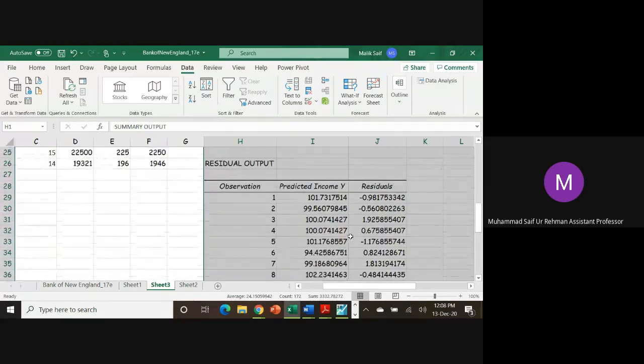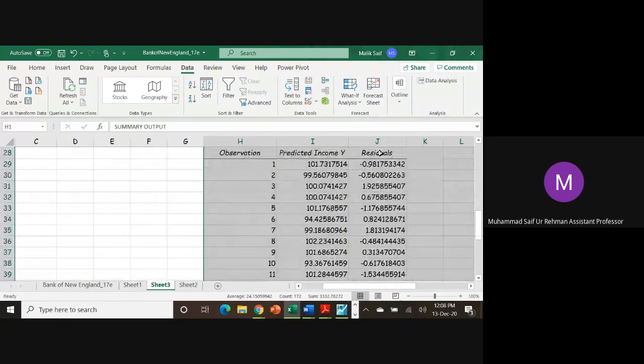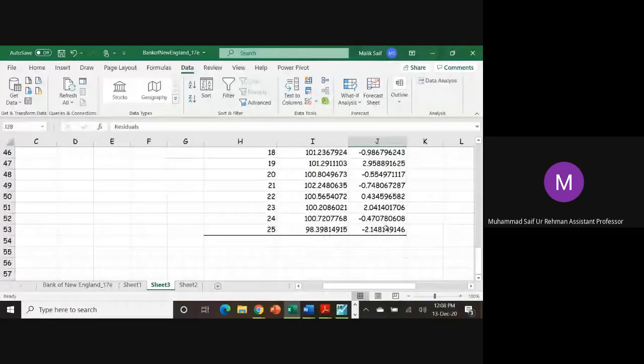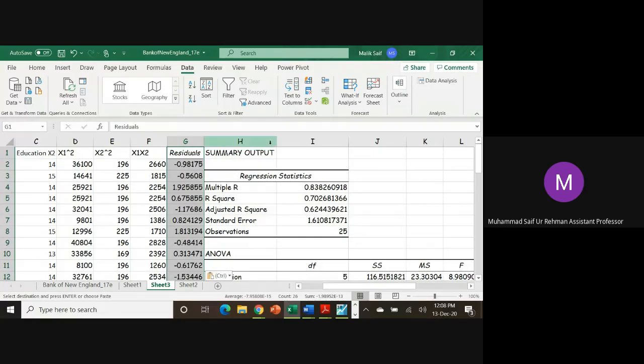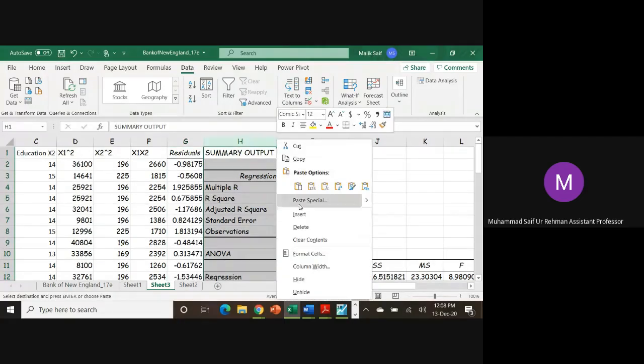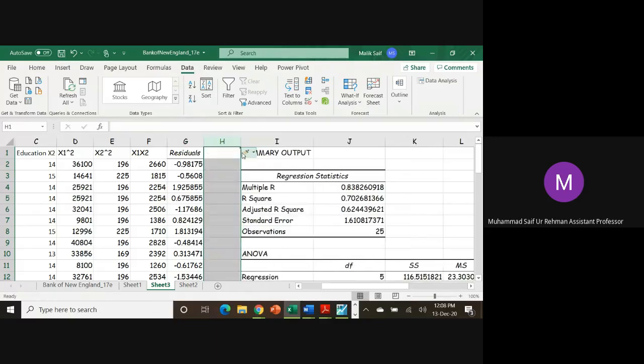In this case, Excel is giving you the residuals, so you can use these residuals. Understand?